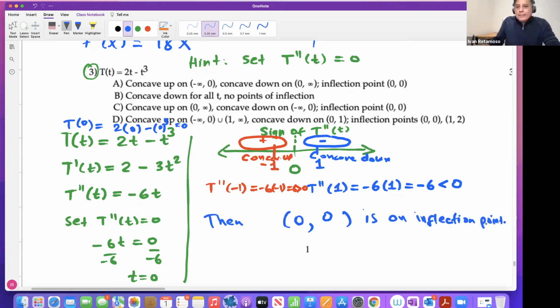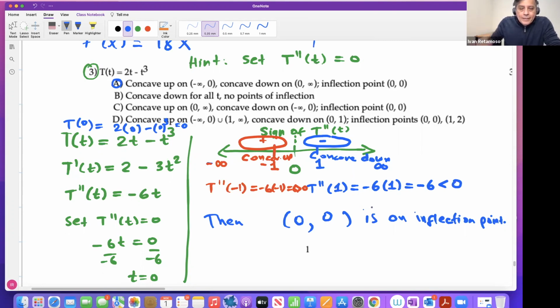And this allows you to say that the answer should be this one for number 3. Yes. Excellent. Concave up from negative infinity to 0, and concave down from 0 to infinity, and (0, 0) is the inflection point, okay?